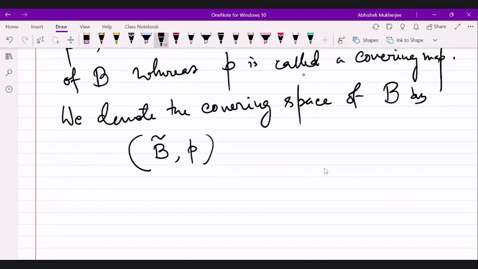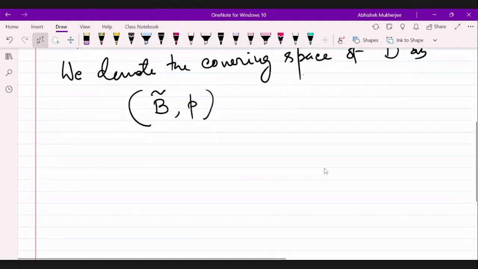Whenever I am referring to the covering space of some space with this notation, that means this p is a covering map from B tilde to B, and B tilde is its covering space. Okay. Right.